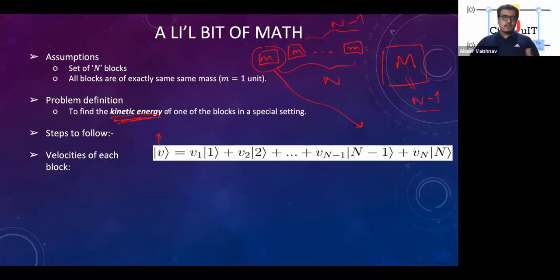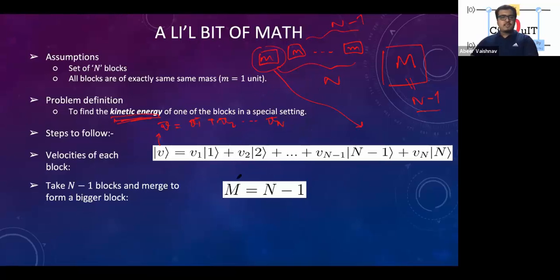So I can easily convert it to a three-dimensional vector with i cap, j cap, and k cap, and write it as v equal to some v1 vector plus v2 vector, and so on up to vn vector. This represents the state for different velocities of each block. So there are n blocks and there are n velocities. In the beginning, they will all be equal velocities.